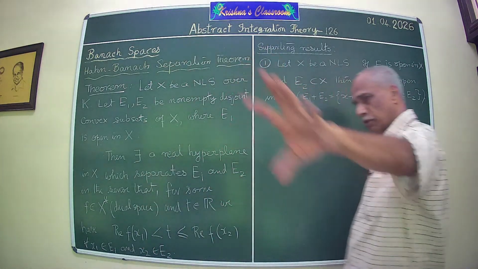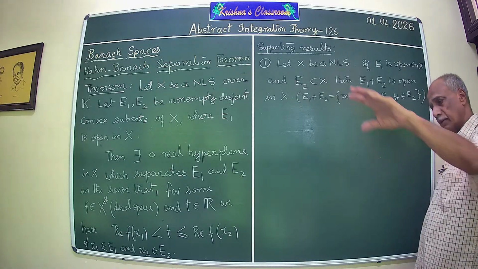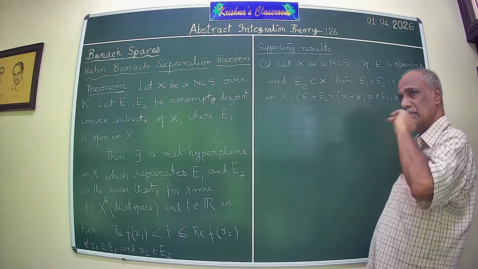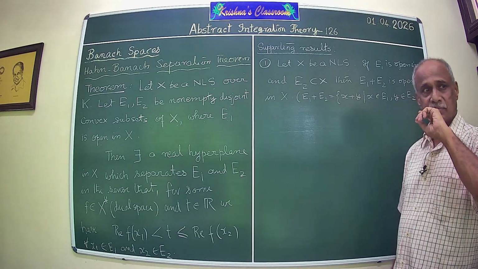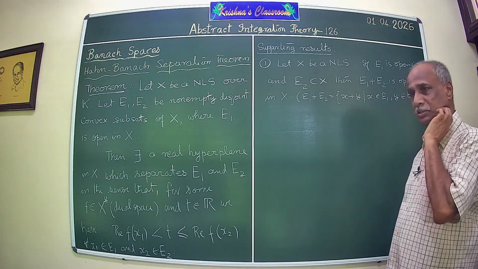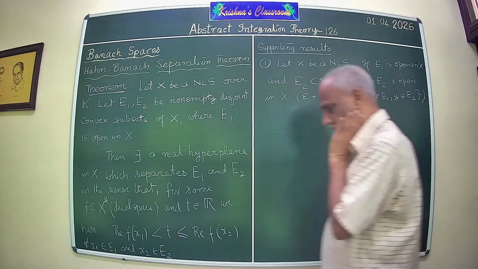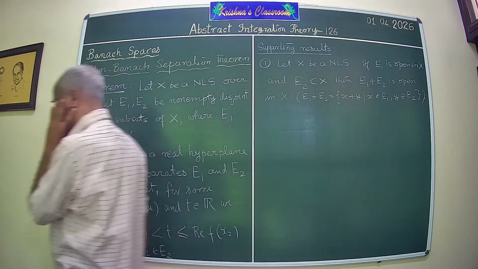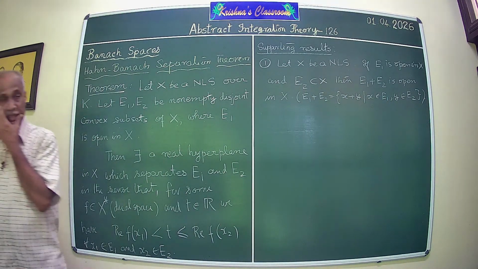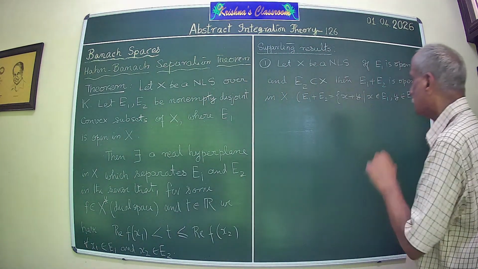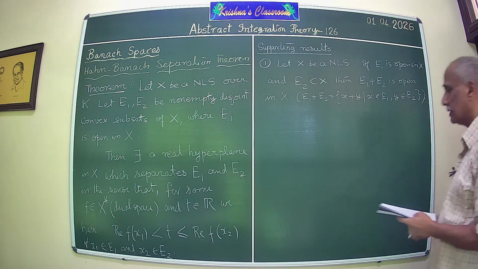So if you have an open set and some other subset, you take the sum of the two. The sum is sensible here because you are working in a linear space, so addition is well defined. So E1 plus E2 is well defined, and it is an open subset. Okay, so that is one result.